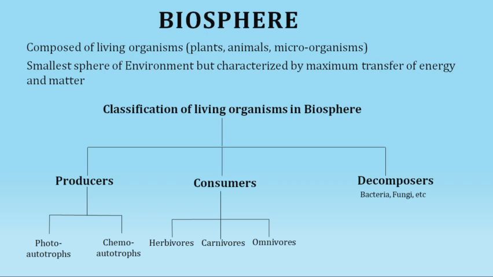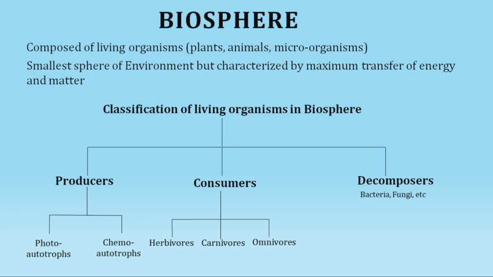The next category of producers is called chemoautotrophs, and it includes certain specific bacteria such as sulfur oxidizing bacteria, sulfur reducing bacteria, nitrifiers, denitrifiers, which with the help of certain chemical reactions inside their body can synthesize their food on their own. So the producers include phototrophs as well as chemotrophs.